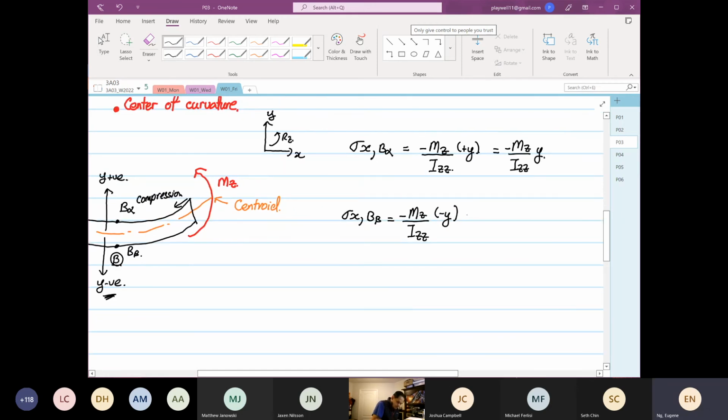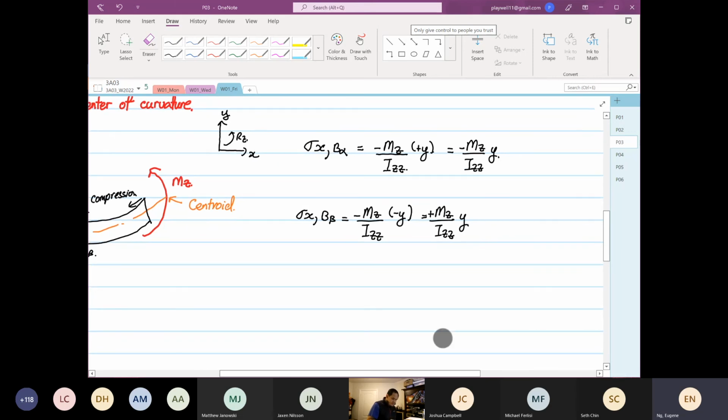So this will be equal to Mz over Izz multiplied by y. So we know that this is what? Positive. Okay. So negative means it's in compression. Positive means it's in tensile. Okay.